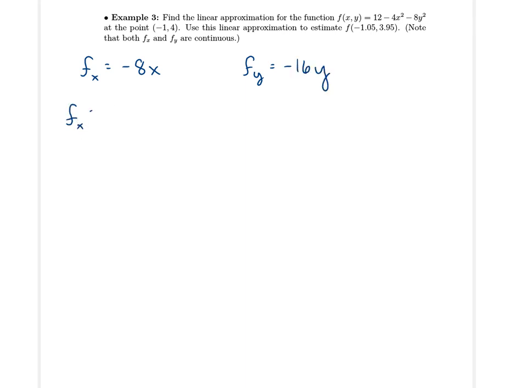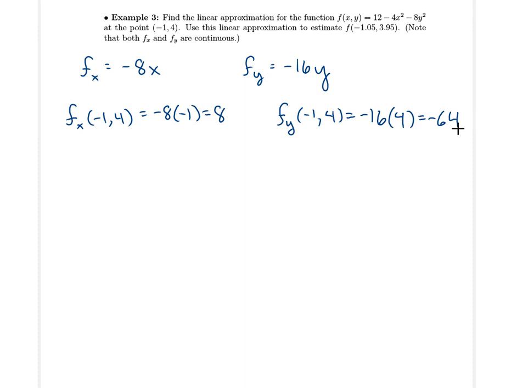Now, that evaluated at negative 1, 4 is 8. And that evaluated at negative 1, 4 is negative 64. Okay. Now, what else do we need?